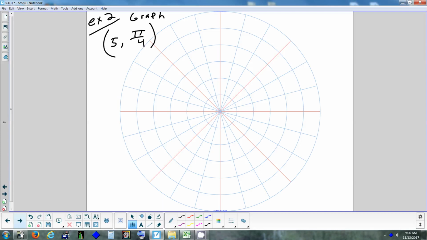Not sure, anyone help out yet? 45. 45. Okay, so this is 45 degrees. And then we graph it. Connor, can you tell me how I'd graph that one? You go to the right 5. All right. So I'm going to start right there.